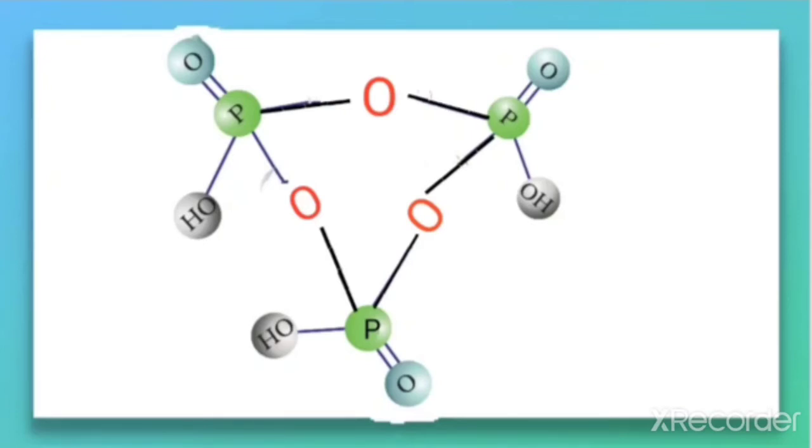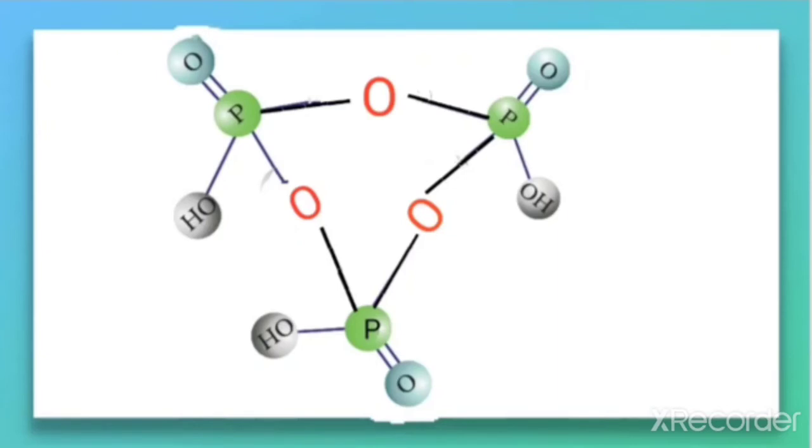Here it is a ring of 6 members, that is, phosphorus, oxygen, phosphorus, oxygen, phosphorus, oxygen. That is alternate phosphorus and oxygen. It makes a hexagonal ring, and on each phosphorus there is a double bond O and one OH.